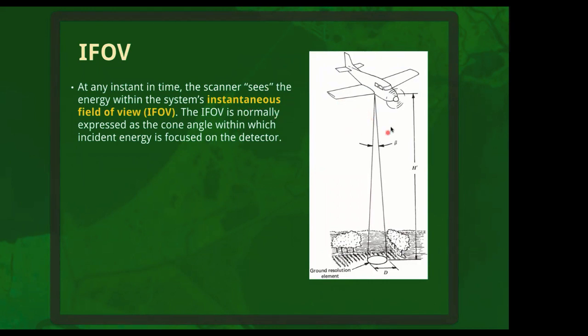Essentially, this beta angle, in the form of a conic angle, is referred to as the IFOV. Basically, that's how your scanner can record the energy within this angle.